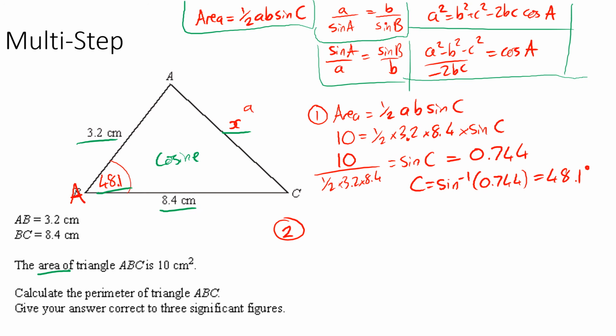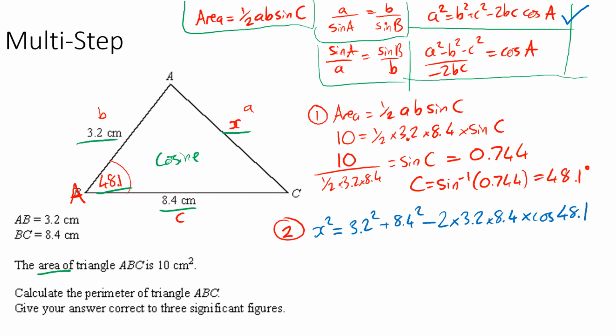So this is our side a, this is our side b, this is our side c. Remember, b and c don't matter which order they go in, and it's a side of a shape that we're trying to find, so we're going to use this top right formula. So let's do that. I'm not going to write out the formula again, let's go straight into it. We want to find x squared is equal to b squared plus c squared, so 3.2 squared plus 8.4 squared minus 2bc, so 2 times 3.2 times 8.4 cos A, so times cos of 48.1.